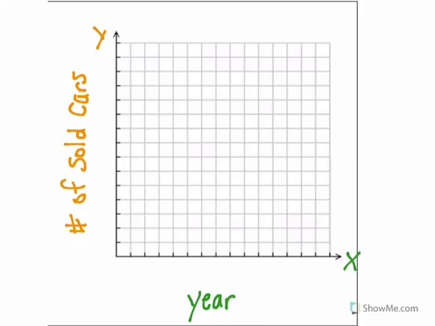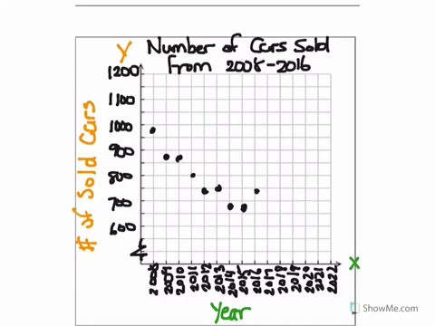Here are the answers. There you go. So I have all of the years down. I have my title. I've plotted all of my points. And just again, make sure that these guys go up by the same amount. So 600, 650, 700, 750, and so on.